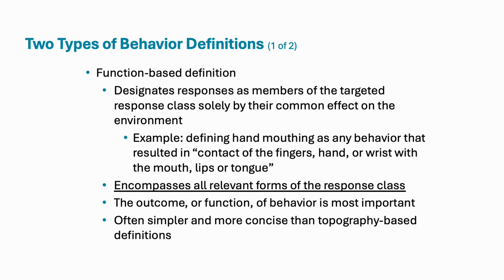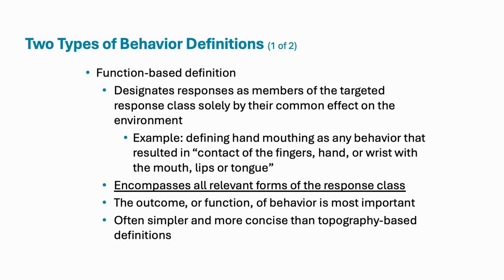As I just mentioned, when we're defining a behavior using a function-based definition, we are defining that behavior in terms of its effect on the environment, or basically the function or the outcome that was produced by the behavior. For example, I could define hand mouthing as each instance in which Jimmy puts his finger in his mouth, wiggles it around his tongue, and then takes it out.